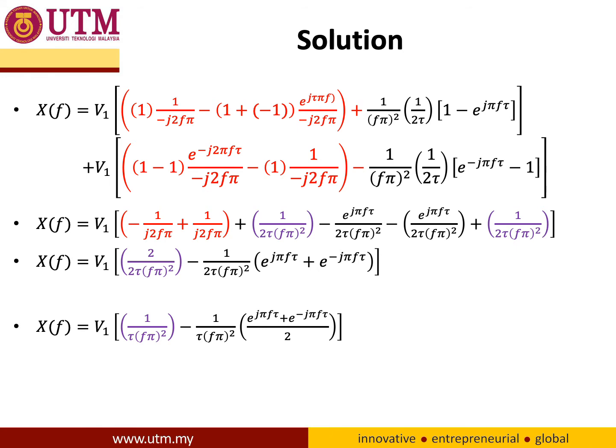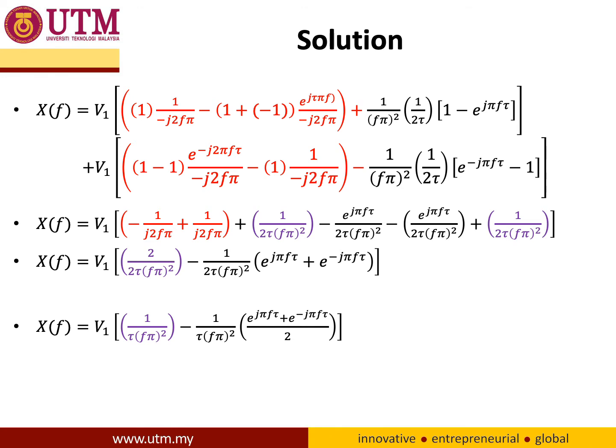In this case, I differentiate when e equals 1 with the color purple, and e to the power jπfτ with color black. Therefore, we are left with only 4 terms for both signals, from minus τ/2 to 0 and 0 to τ/2.